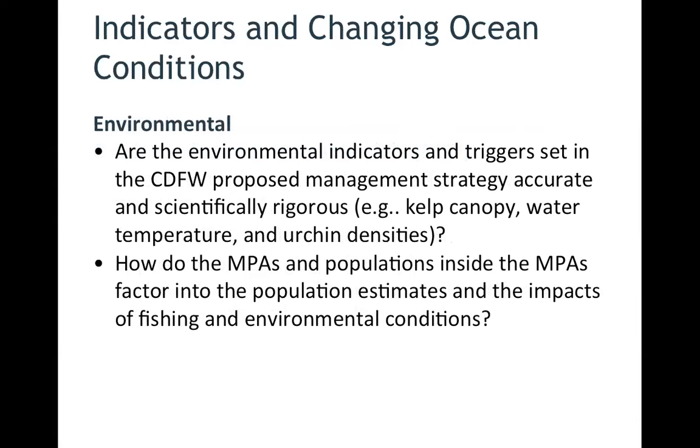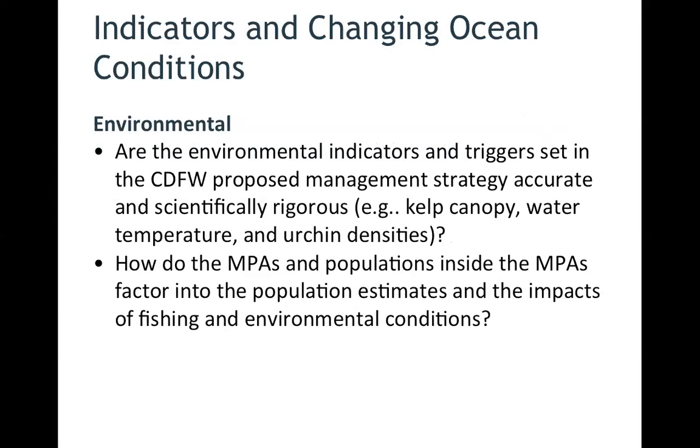All right, so in the vein of the environmental indicators, we got questions around those too. Folks were curious if the review would be considering questions like, are the environmental indicators and triggers set in the department's proposed management strategy accurate and scientifically rigorous, specifically speaking to kelp canopy, water temperature, urchin densities?